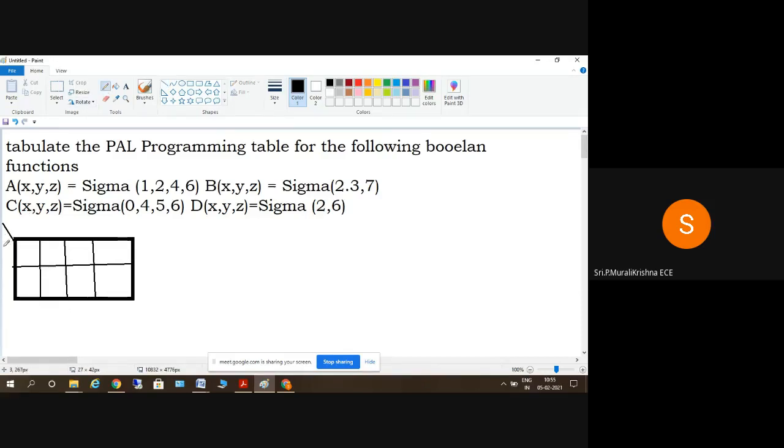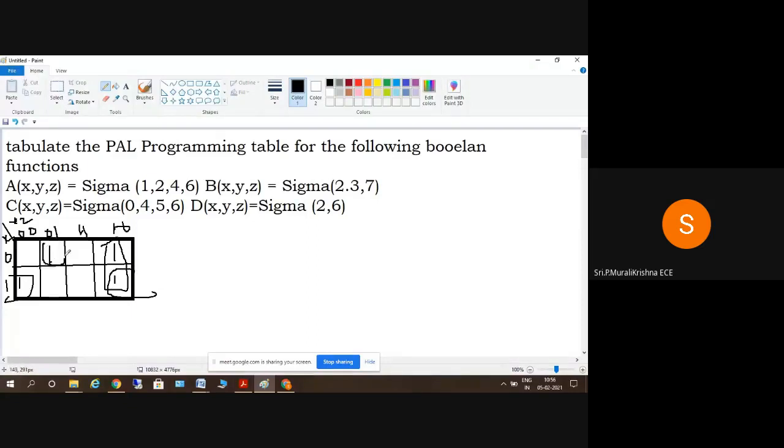This is X, Y, Z, and this is X. 0, 0, 0, 1, 1, 0, 1, 1, 0, 1. So what is the value of A here? 1, 2, 4, 6. So this is 1, this is 2, this is 4 and this is 6. This is a pair here and this is another pair, and these two will form another pair.